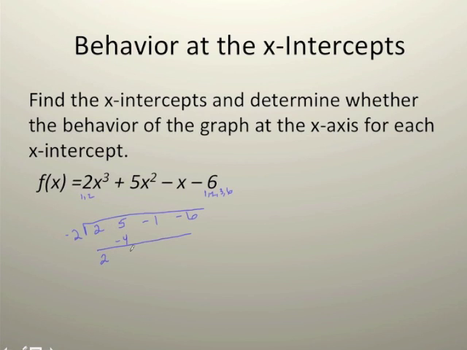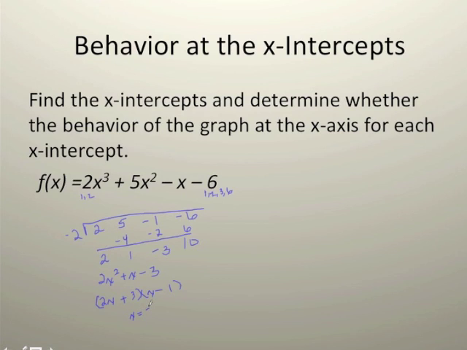Synthetic division gives 2, -4, 1, -2, so -3, which multiplies together to give 6. This is 2x squared plus x minus 3. 2x and x, and the only way to get a 3 is a 1 and 3. If I go 3 and 1, 3x and 2x, positive 3x, -2x, give me a -3 and a positive 1.